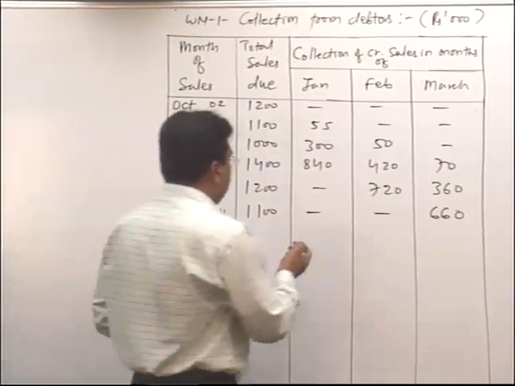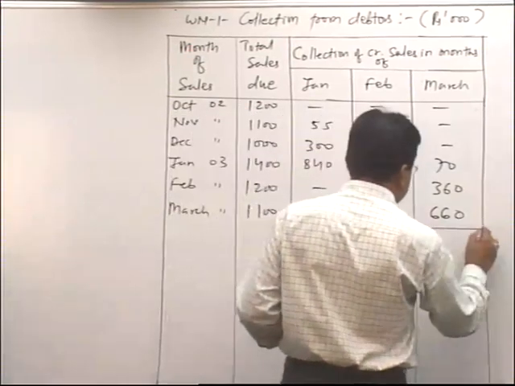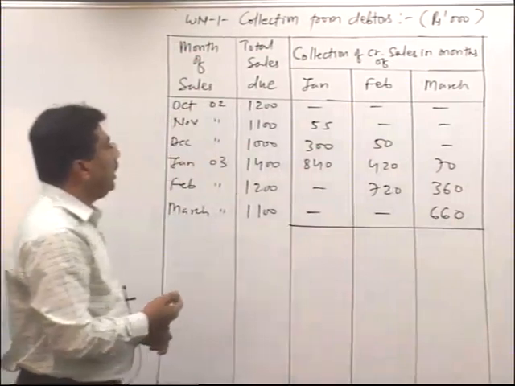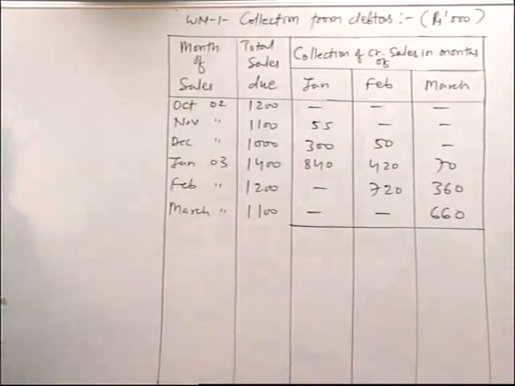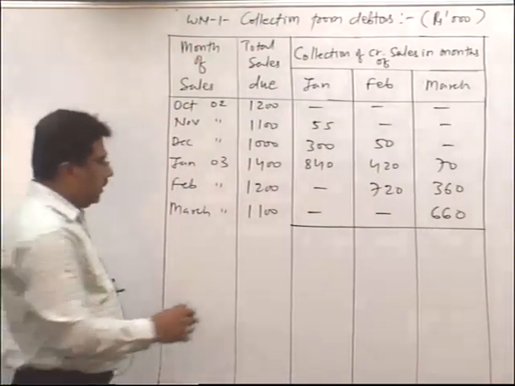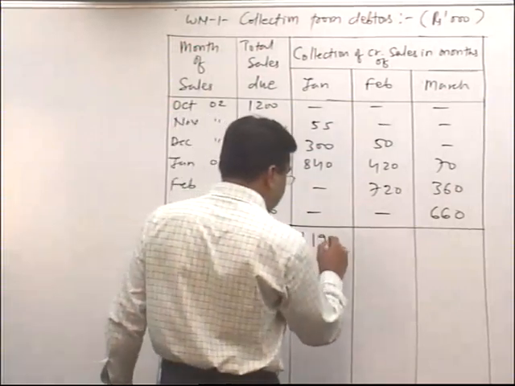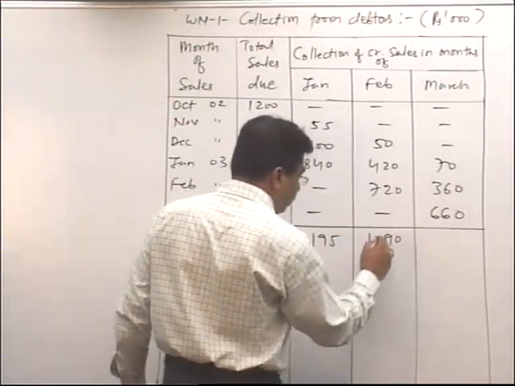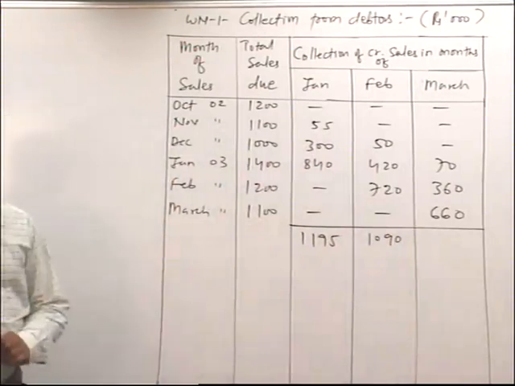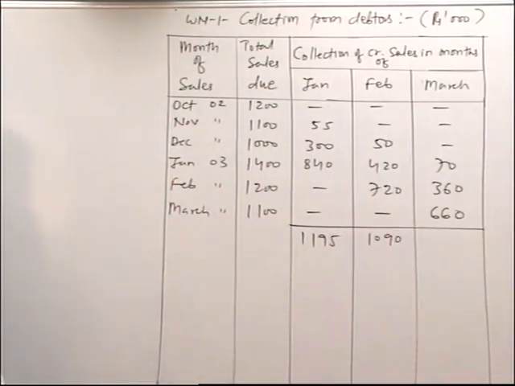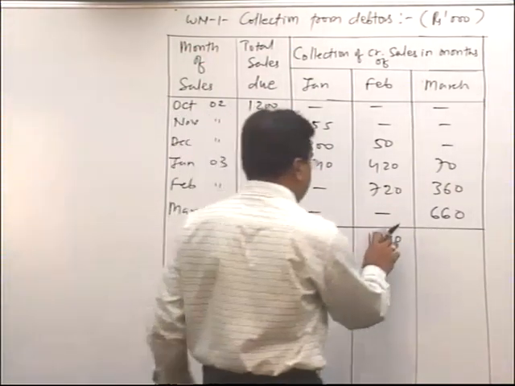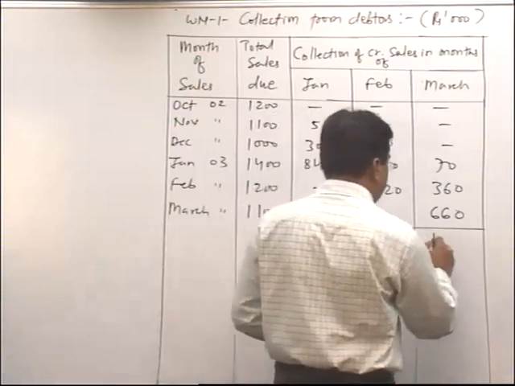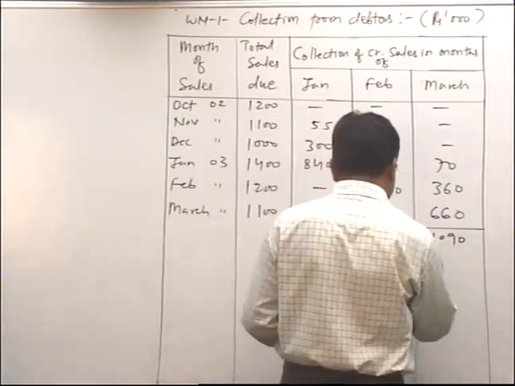Now, make the total of only the last 3 columns and find out the total collection of credit sales month-wise. It is 1195, 1190 and 1090.